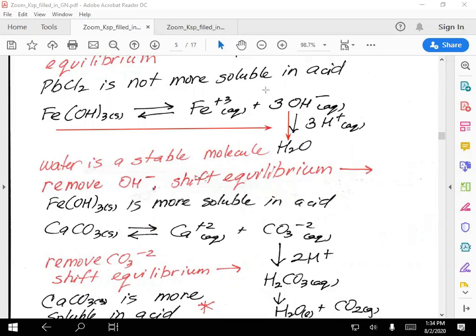We are removing the hydroxide by forming a stable molecule, which will then shift the equilibrium. So the iron 3 hydroxide is more soluble in acid.